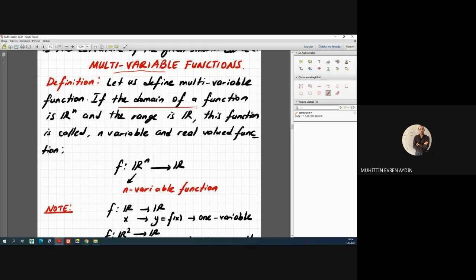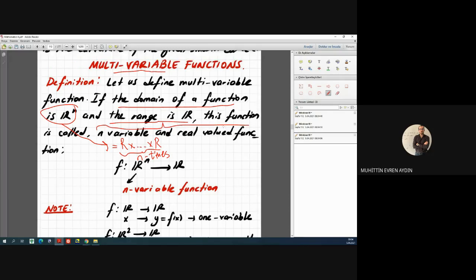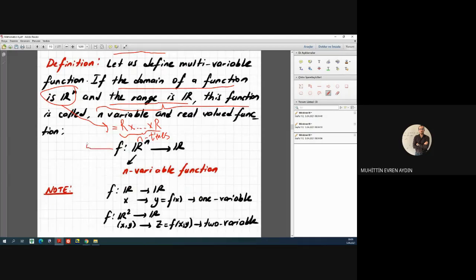If the domain of a function is Rn, by Rn we mean this set, this Cartesian product n times, and the range is R. Okay, by a multivariable function, we mean a function whose domain is Rn and the range is R. Then we call it a multivariable or n-variable function, and we denote it by this symbol.